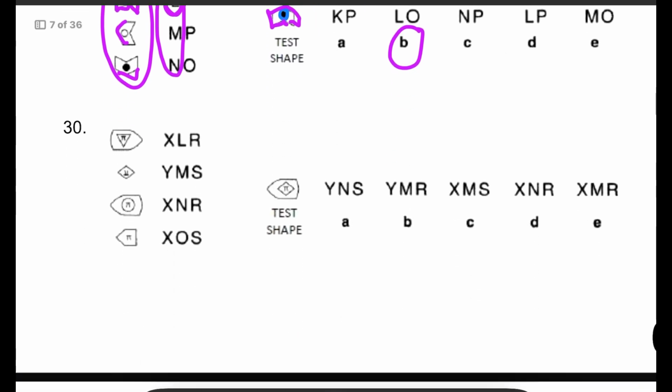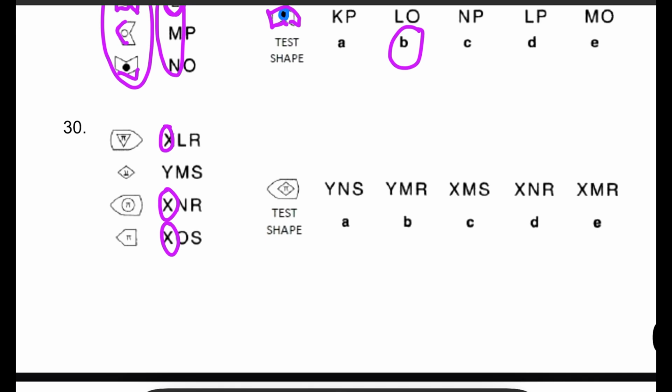Now on to question 30. So here, these three both have an X as the first letter.